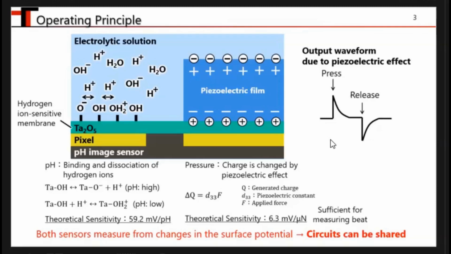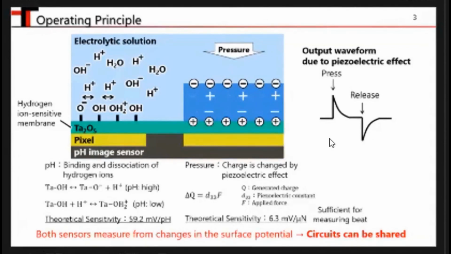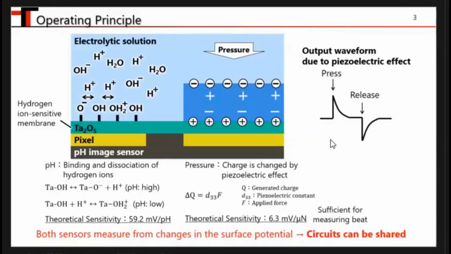The output waveform due to piezoelectric effect is characteristic, so I introduce it here. First, the piezoelectric film is pressed. The output decreases and returns to the initial value as the pressure continues to be applied.